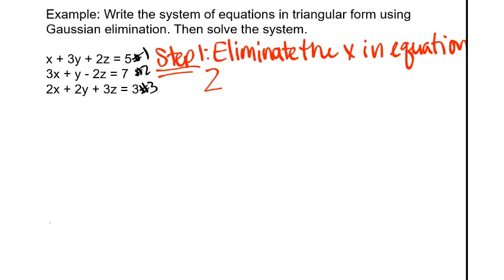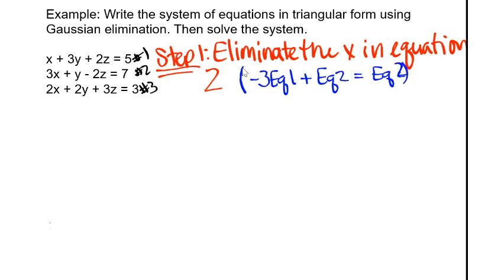So we have those named. Then the next thing is to decide what we can do to eliminate that. If I do negative 3 times equation 1, and add that to equation 2, that will give me my new equation 2.